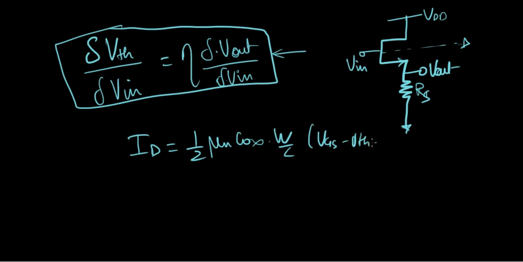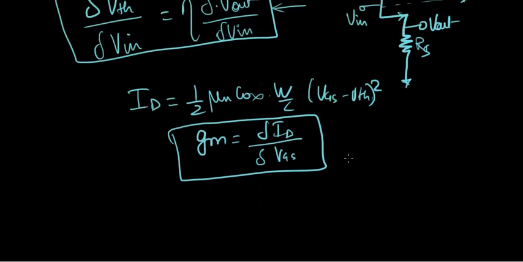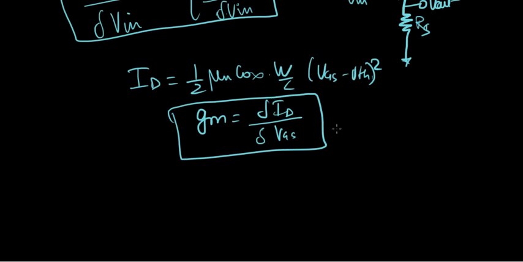What is the definition of transconductance? Even before I write it, you should know it. GM equals the change in drain current for the change in gate-source voltage. This is a very typical definition, and it's also explained in the transconductance lecture, so I'm doing it again here. To derive GM, let's call this equation 1 and differentiate it with respect to VGS.